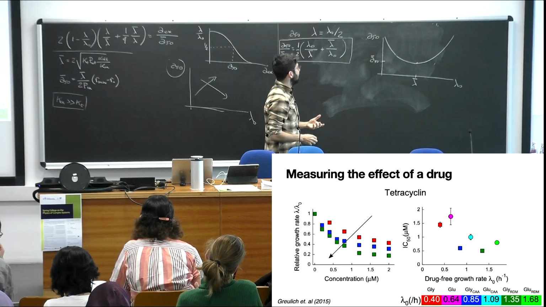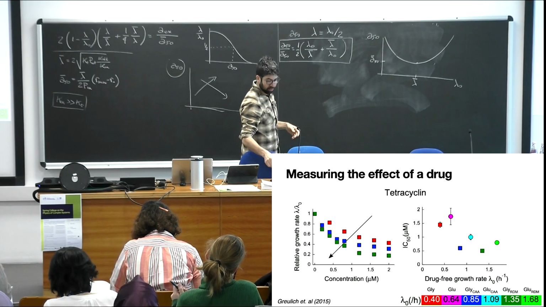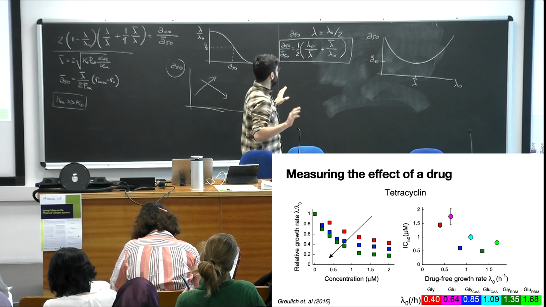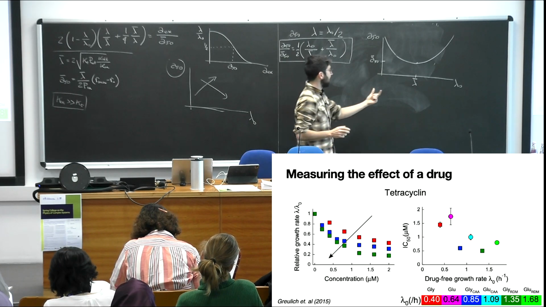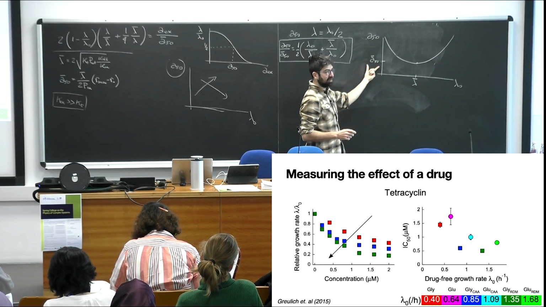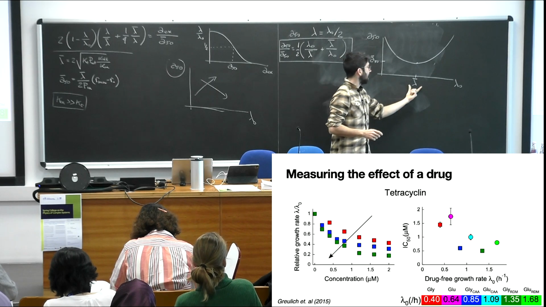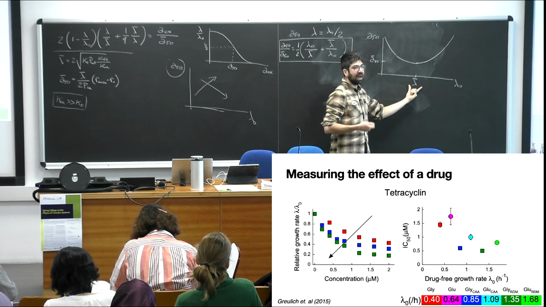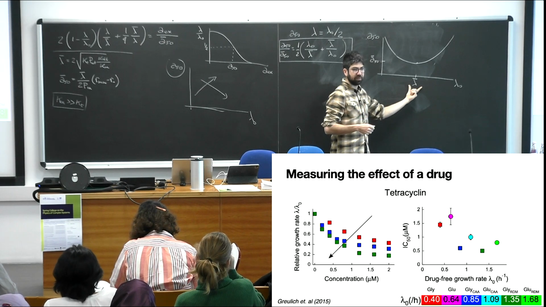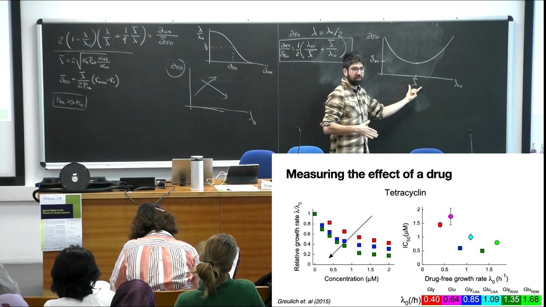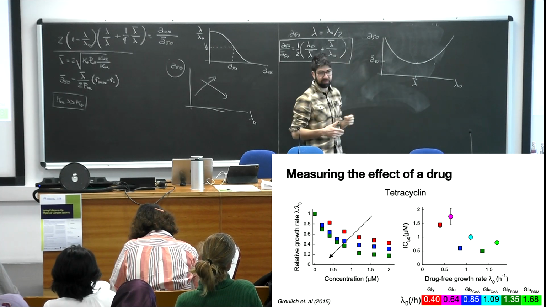Basically, the first thing is that you have two parameters, lambda bar and A bar 50. Lambda bar tells you the value of the growth rate in absence of the drug where you have the lowest possible inhibitory concentration, and the value of the inhibitory concentration at that point is A bar 50.